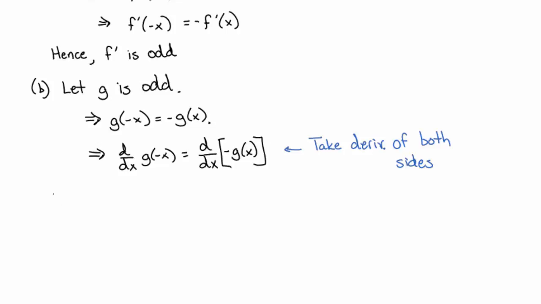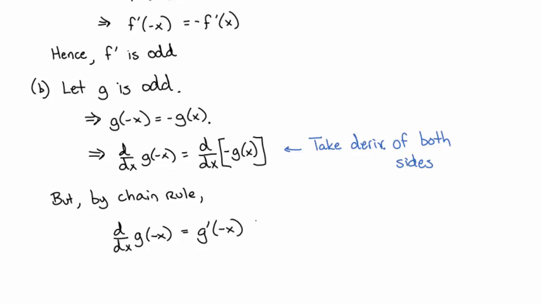And so now I'm going to say, but by the chain rule, the derivative with respect to x of g of negative x is going to equal g prime of negative x times the derivative with respect to x of that negative x, which is negative g prime of negative x.